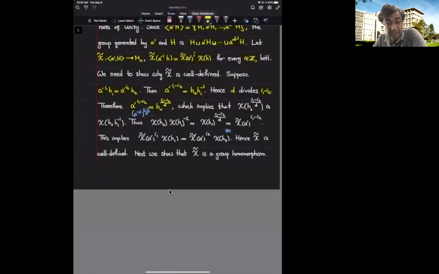Remember, the exponent is indeed an integer, so it does make sense to talk about H naught raised to power that number.